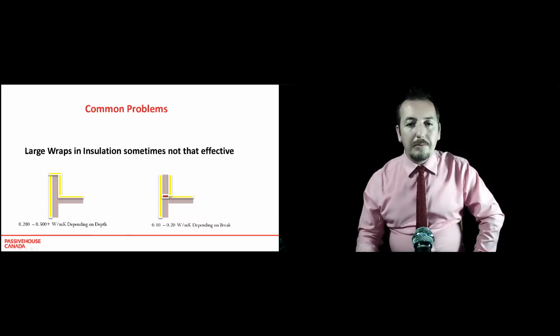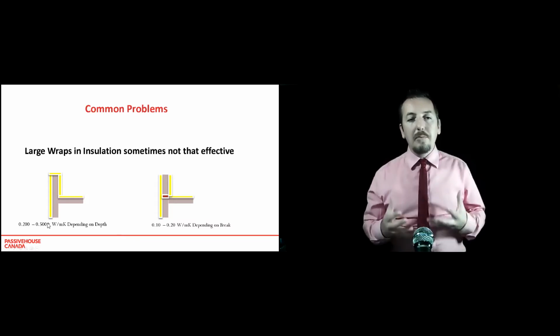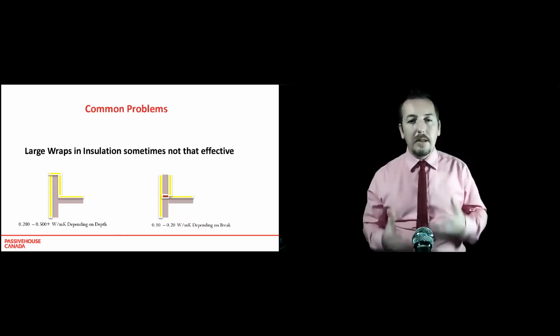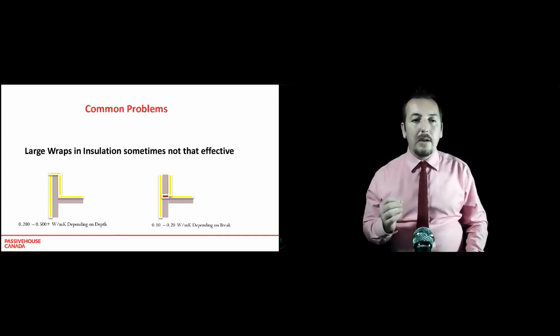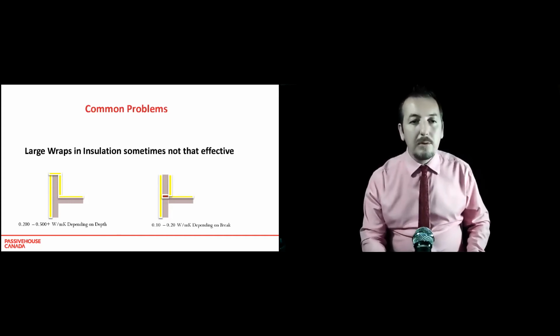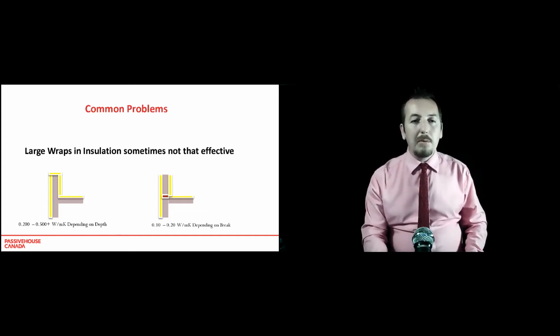By adding a thermal break and wrapping it, we got some decent values, but wrapping it alone doesn't always work. And the beauty of having this skill and this program is that you can test these alternatives rather than making qualitative assumptions and seeing problems later on.